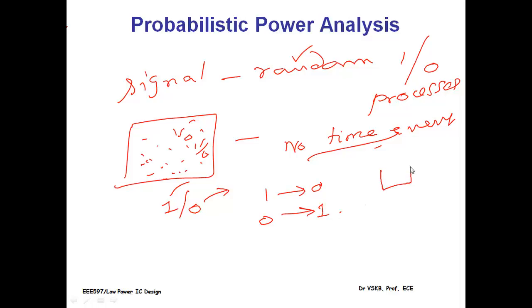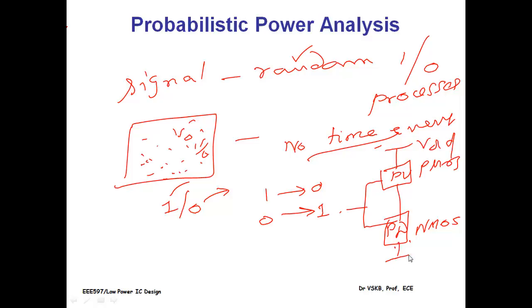As you know, I have my pull up network and my pull down network. This is our basic theory that we had been studying, and I have this as the CMOS circuit. It consists of PMOS devices, and these are your NMOS devices. I have my VDD and I have my ground connected here.